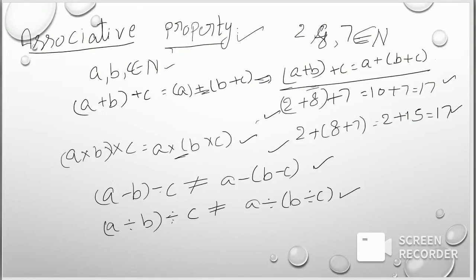Next we go to the distributive property. For this also we take any three numbers, that means a, b, c in the set of natural numbers. Then what is meant by the distributive property?